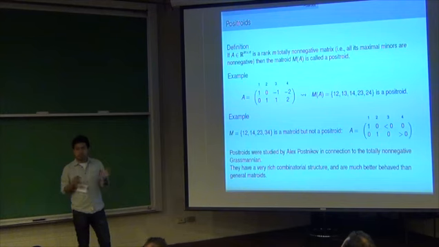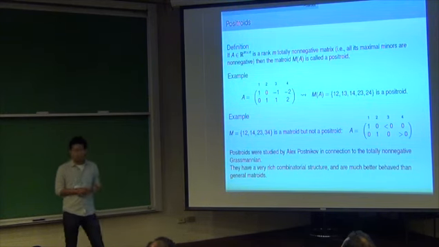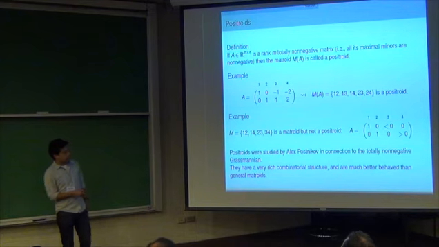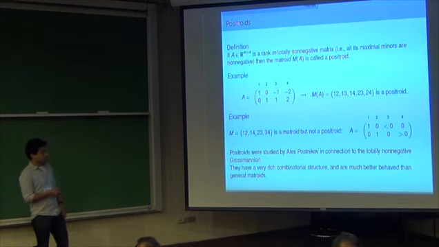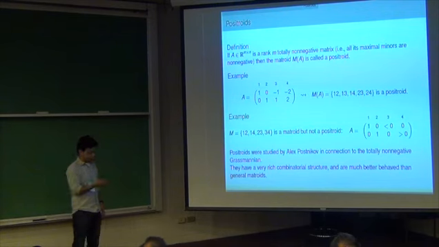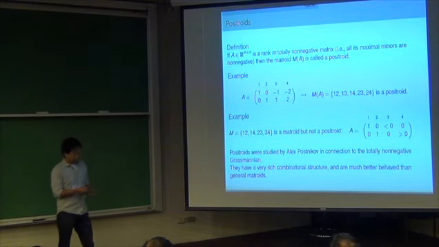There's Mnëv's universality theorem that tells you that in general matroid varieties can be really horrible, but for positroids, the positroid varieties are much better behaved. They are, for example, Cohen-Macaulay, they have just nicer singularities.